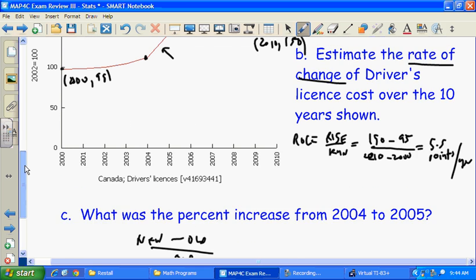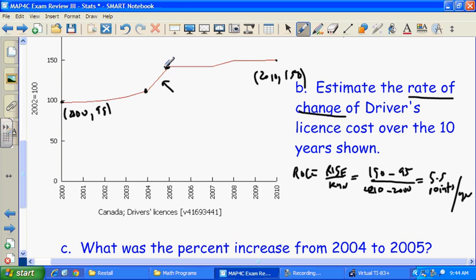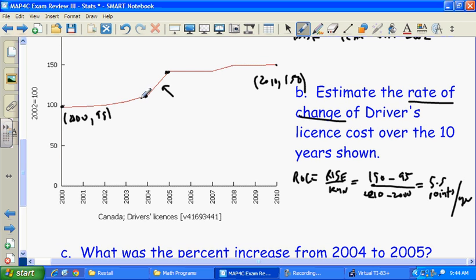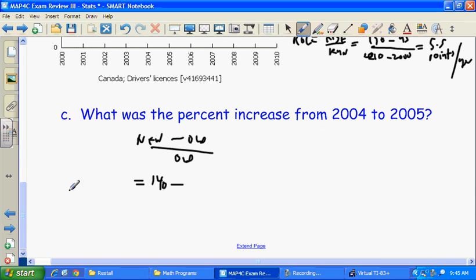Well, the new value, the 2005 value, this is an estimate, right? It'd be 140 over the old value, which was maybe 110. And then I calculate that, and it ends up to be about a 27% increase. So in that 1 year, from 2004 to 2005, was a 27% increase in driver's license costs, which is a little bit shocking.